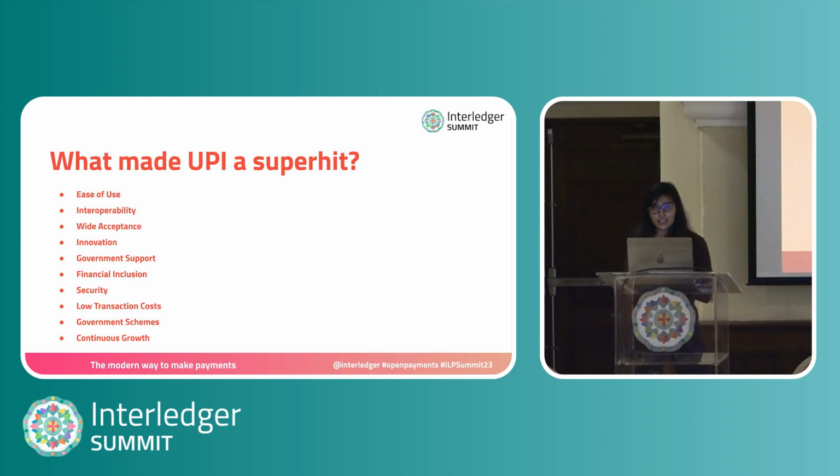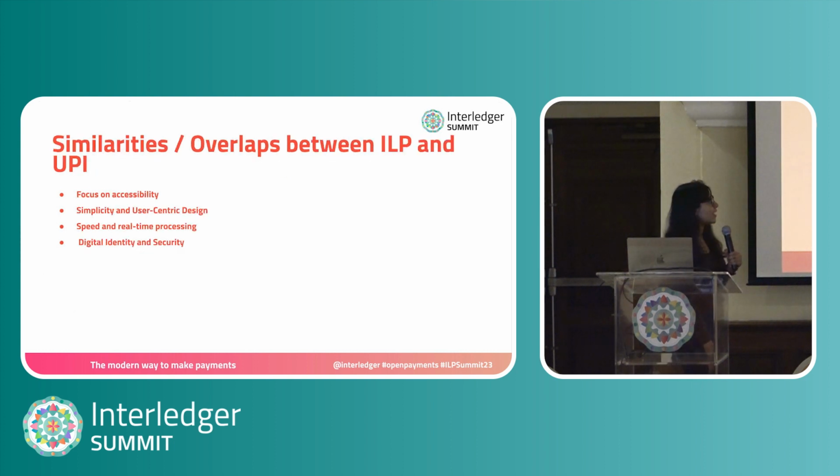Lower transaction cost is a win-win for both the seller and the buyer, right? That is also one of the major factors. And the government also introduced a lot of schemes when it was taking off, so that helped as well.